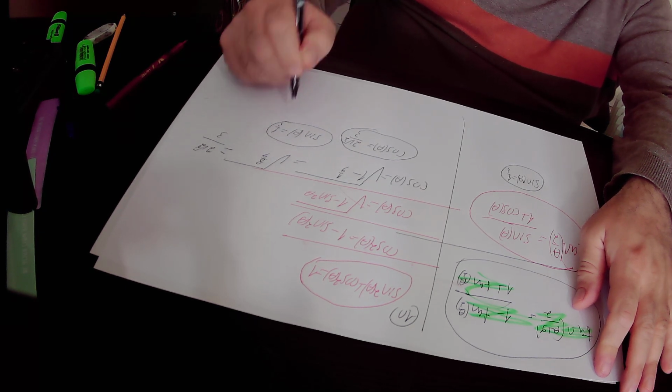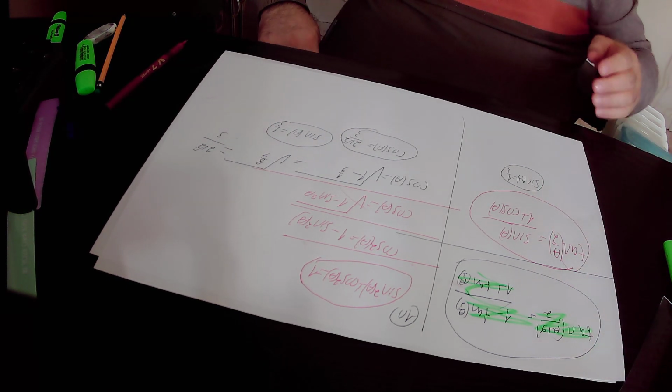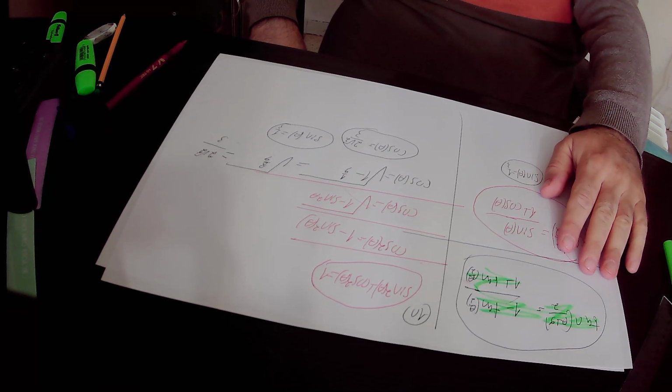Now we can put the value of sine theta and cosine theta in this equation in order to find out the value of tangent (theta plus alpha) over 2.